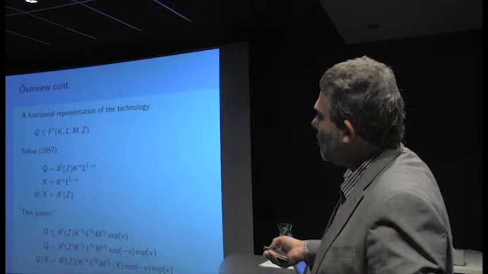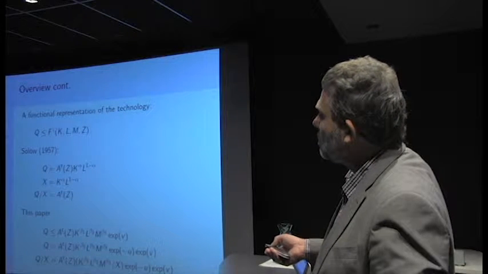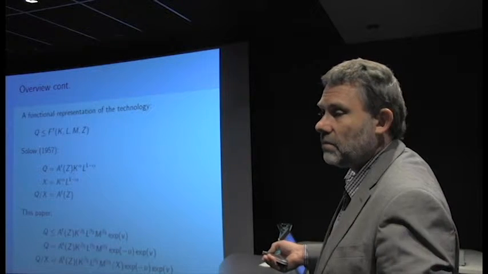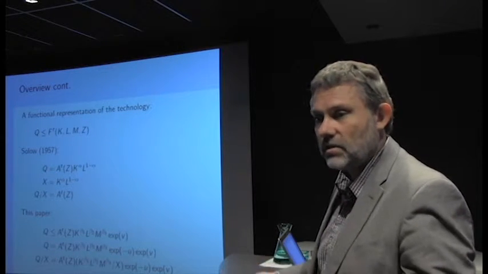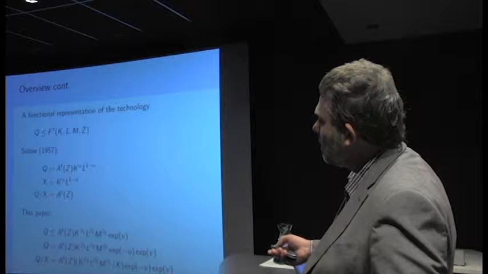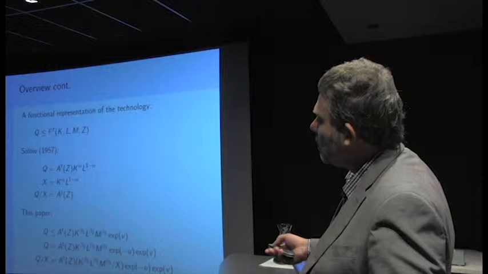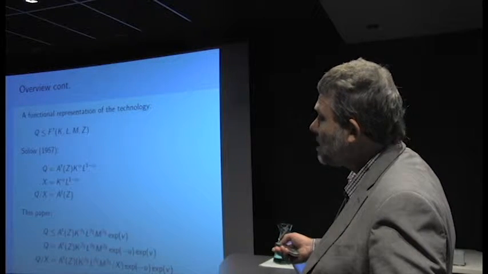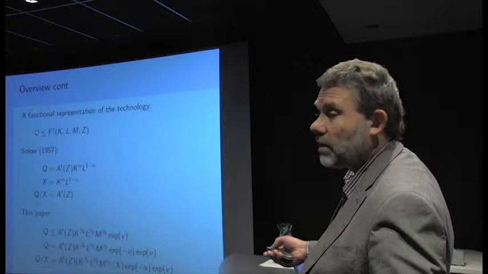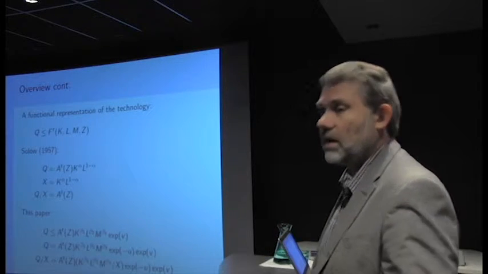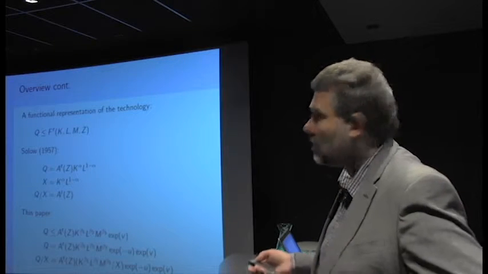This is the function. This little superscript T indicates that this function changes over time. So that's technical change. And this is the basic relationship. This inequality reflects the fact that the function on the right-hand side is the maximum output possible, and the actual output we observe might be less than that because of inefficiency. That's technical inefficiency.